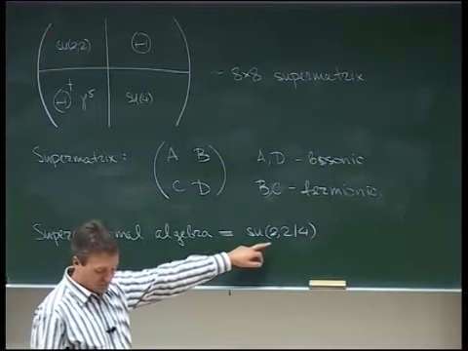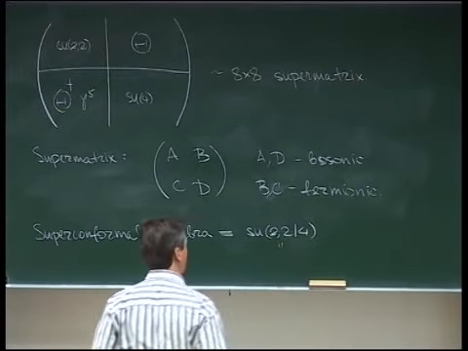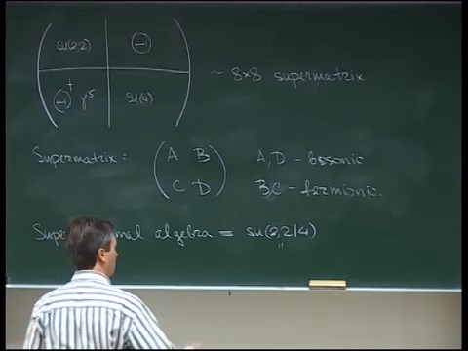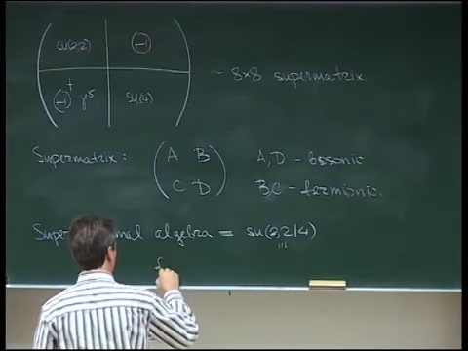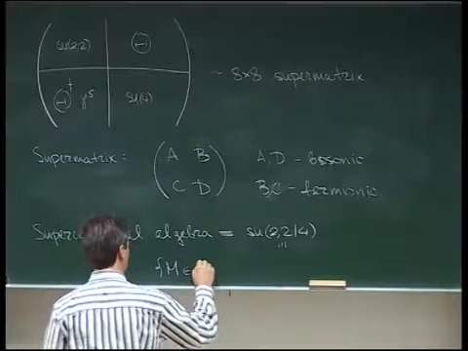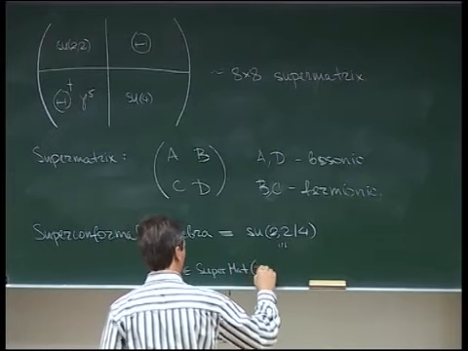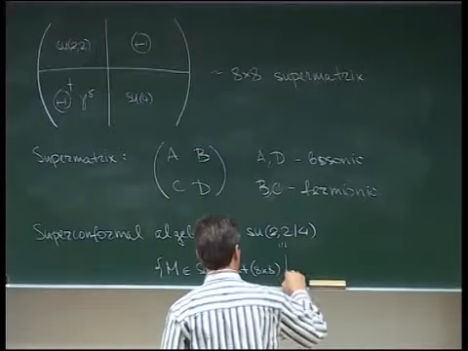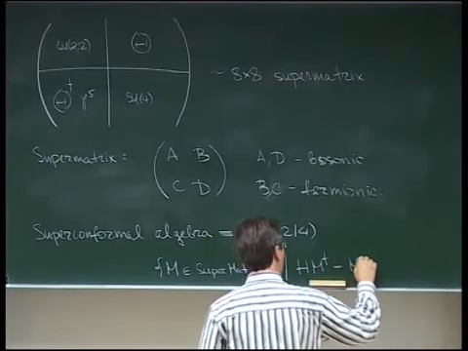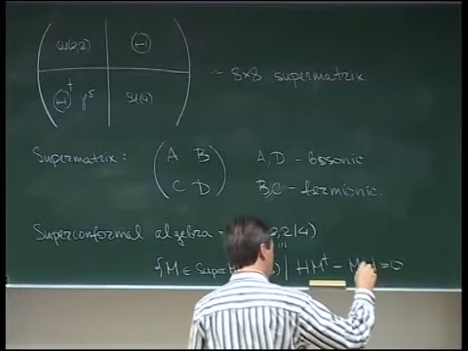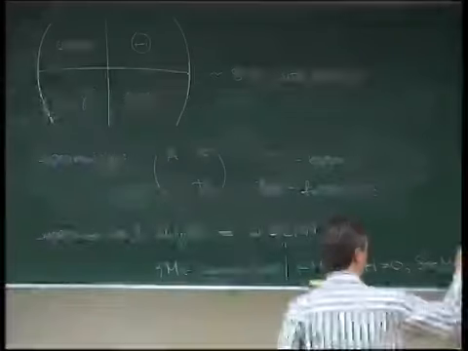And commas denote the rules for Hermitian conjugation. So by definition, this is a set of supermatrices such that they satisfy the following rules of Hermitian conjugation, and whose supertrace is equal to 0.